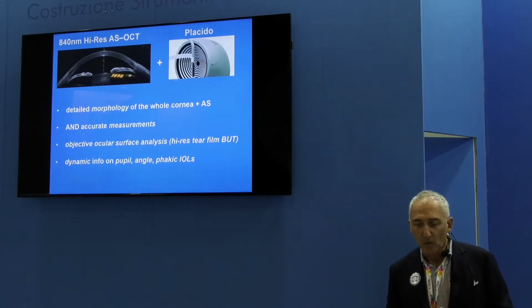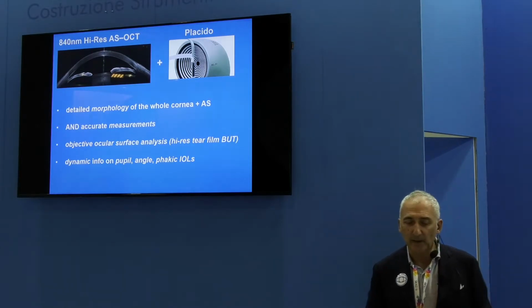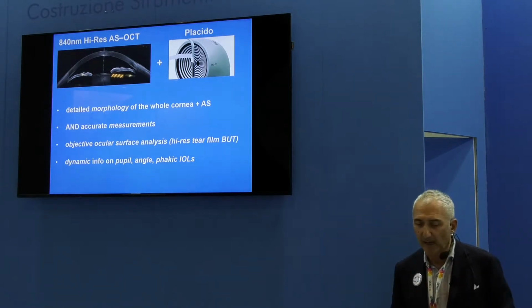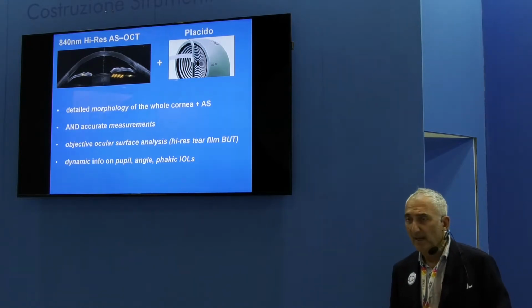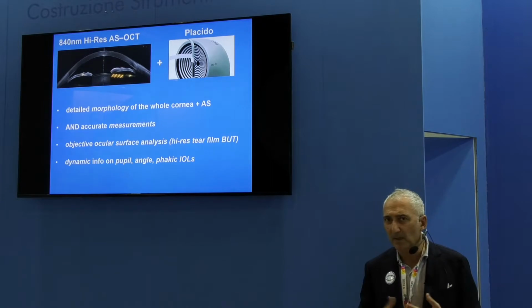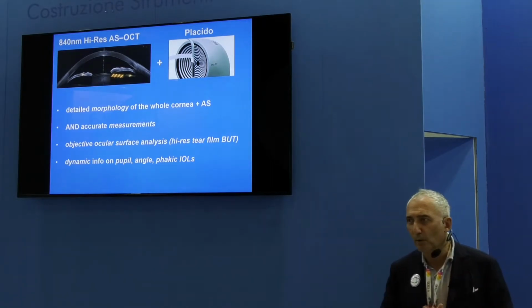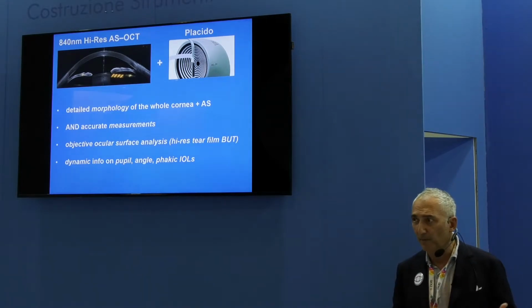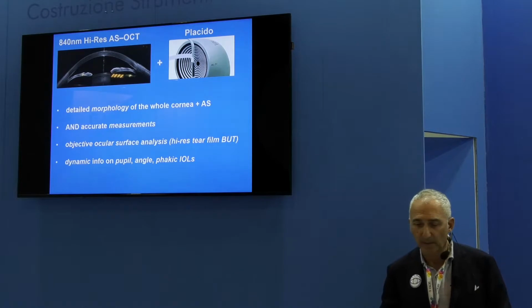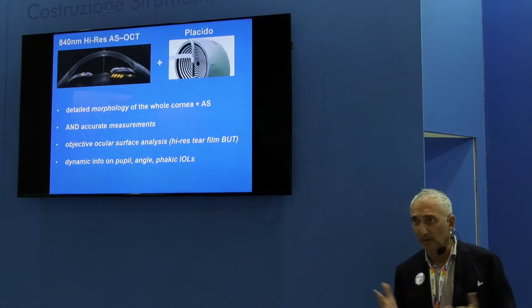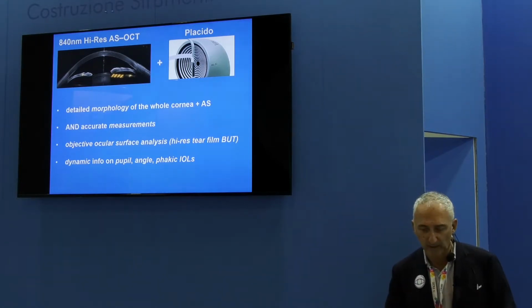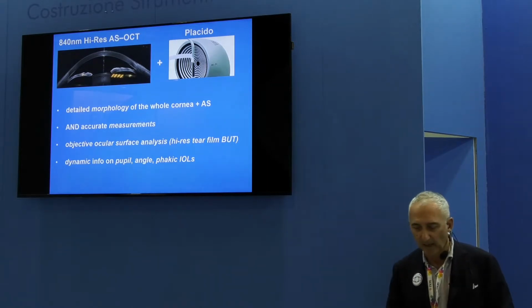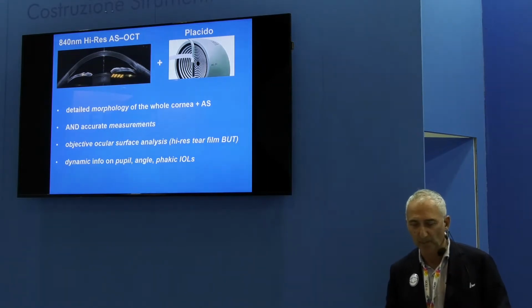So what they did, together with implementing such a high resolution OCT system, is to add a Placido disc. The same smart move they already did in combining a Scheimpflug camera with a Placido disc for the Sirius, that maybe many of you have used and were extremely happy with.